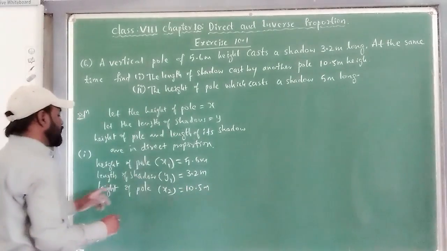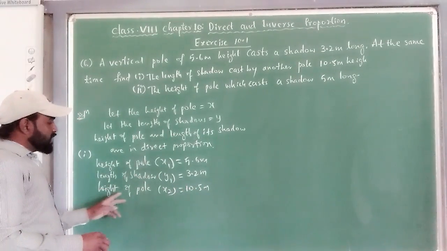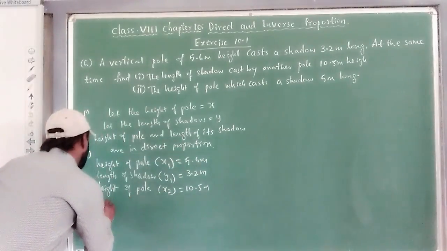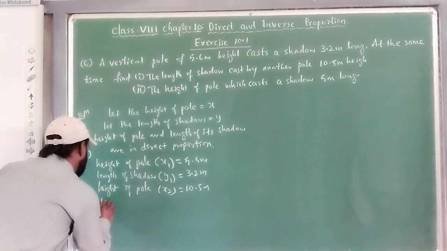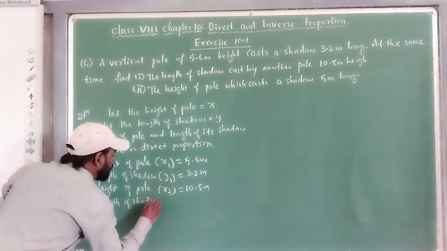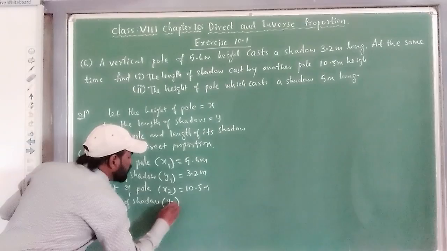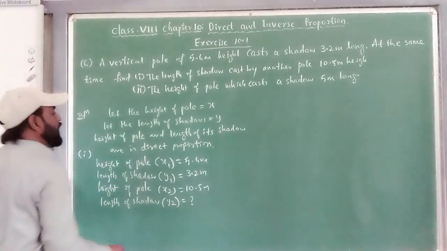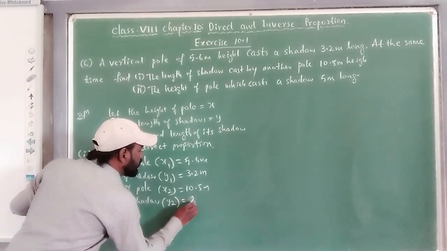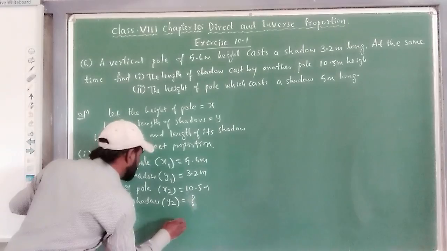We have to find the length of the shadow cast by the 10.5 meters pole. The length of the shadow of this pole is y2. This is the question mark we need to find.